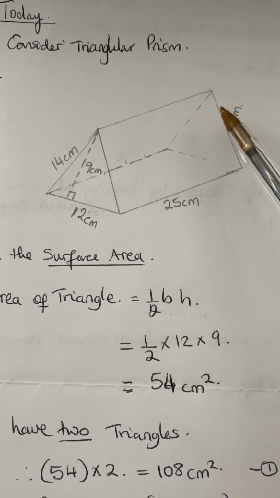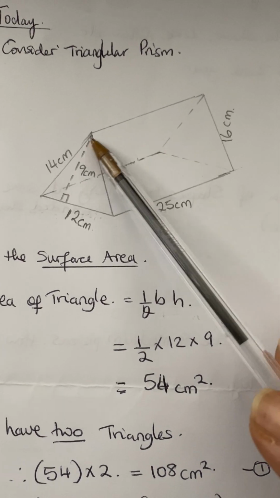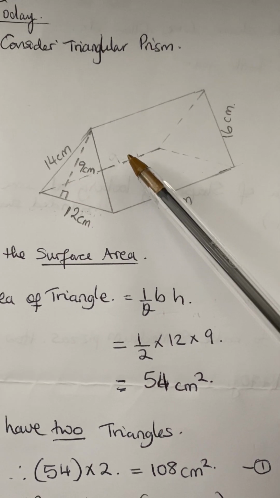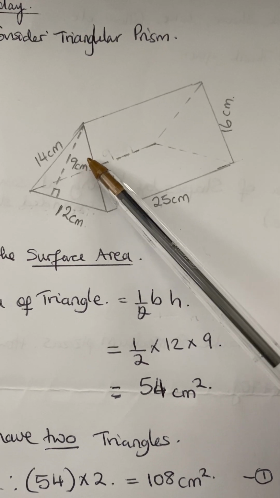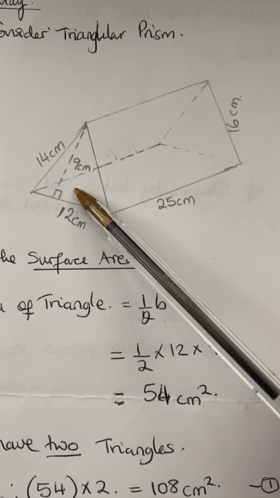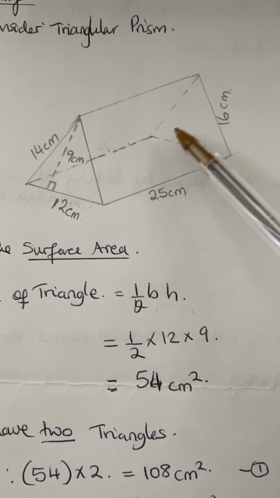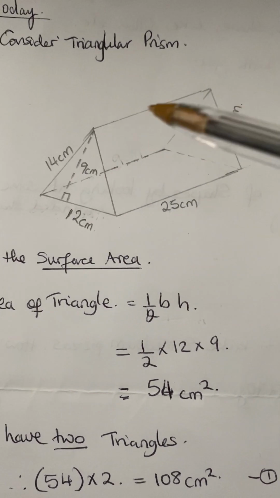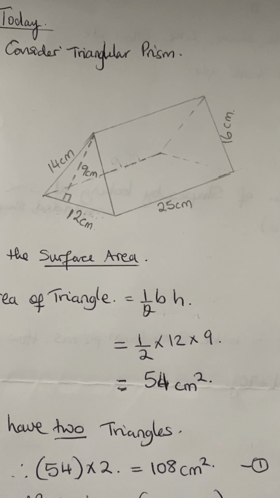So if you look at this triangular prism, okay, we have the rectangle parts, and then we have 1, 2, 3. We have the triangle parts, this part and that part, and then we have the rectangle parts, this front part, the back part, and the base part, okay.